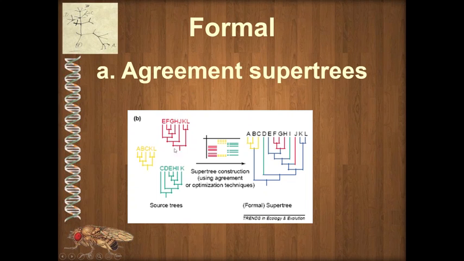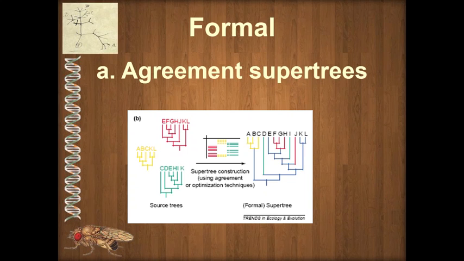And so as long as there's no conflict between these trees, you can go through a number of steps. You'll probably get the same formal supertree by looking at agreement. And if they're complete agreement, no matter what method you do, you'll get the same result. But sometimes it's not 100% agreement. And if you have 5 or 6 different trees that go into it, that's not too bad, because then maybe you could say, well, if 3 of the 5 trees show this set of relationships, that's what I'll put.